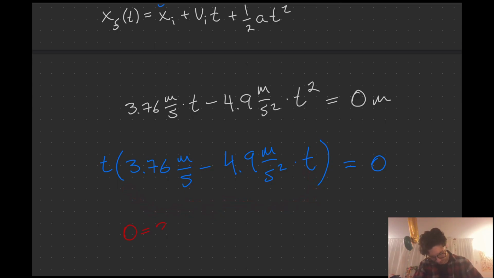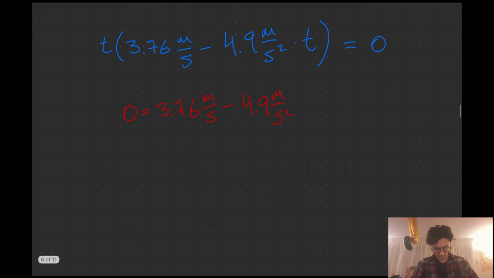0 equals 3.76 meters per second minus 4.9 meters per second squared t. And what we can do here is just move the 4.9 meters per second squared t on one side. 4.9 meters per second squared time is equal to 3.76 meters per second. Isolate for time by dividing by 4.9 meters per second squared on both sides.